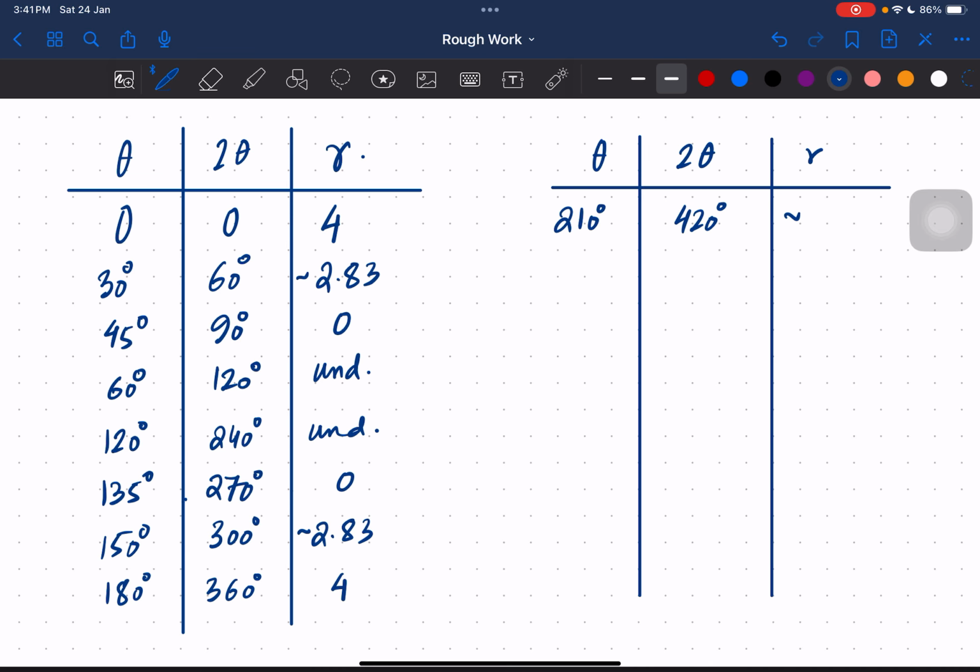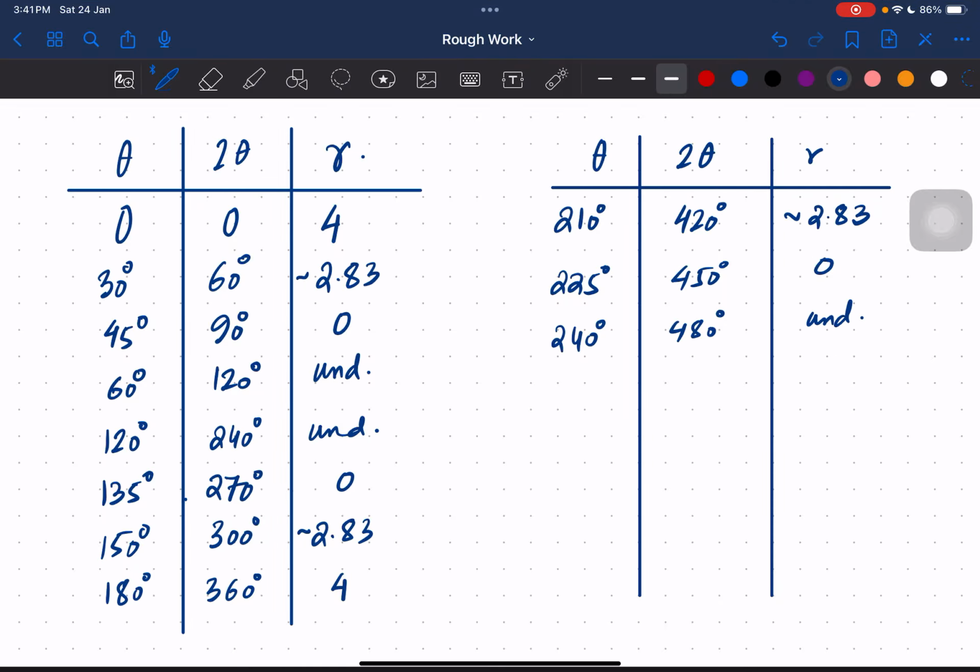So the value will be 2.83. Then 225, 2 theta is 450. This will be 0. Then 240, 2 theta is 480. The cos value will be negative, so it is undefined.